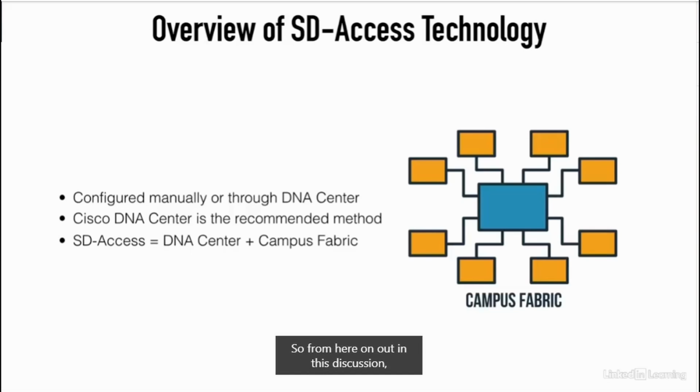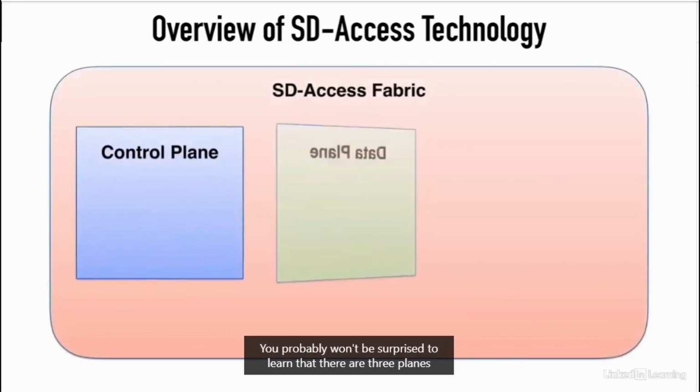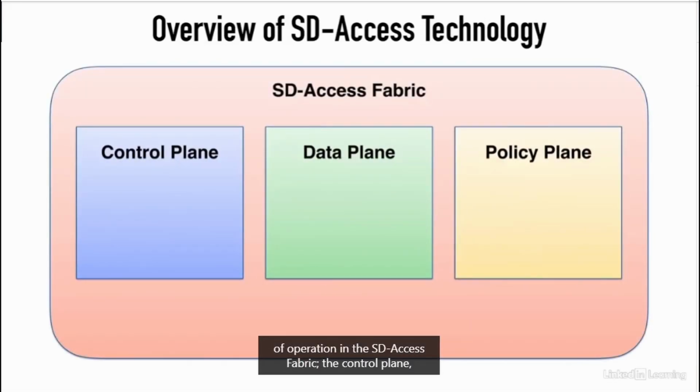So from here on out in this discussion, we're assuming that we're using both a Campus Fabric solution and DNA Center, which we'll generally refer to as SD Access or the SD Access Fabric. You probably won't be surprised to learn that there are three planes of operation in the SD Access fabric: the control plane, the data plane, and the policy plane.